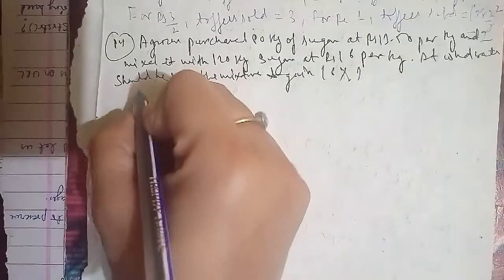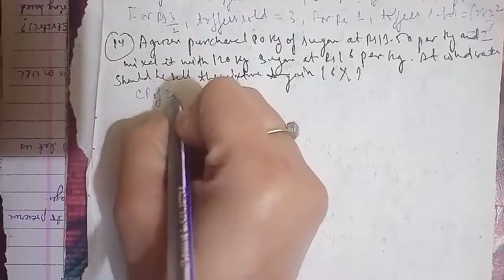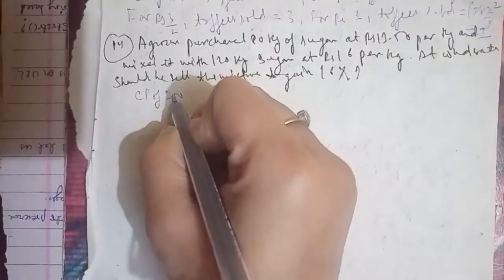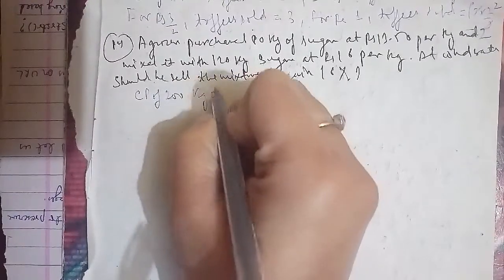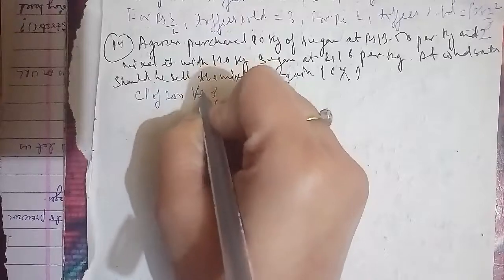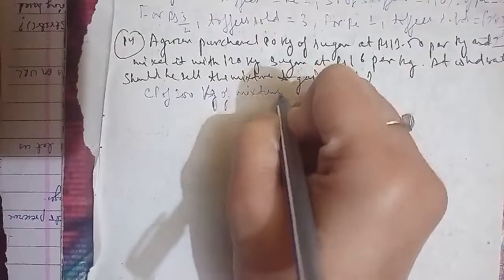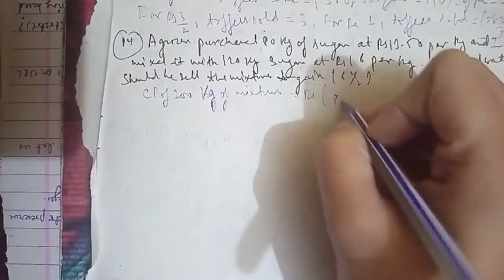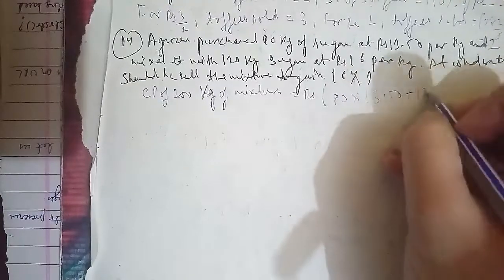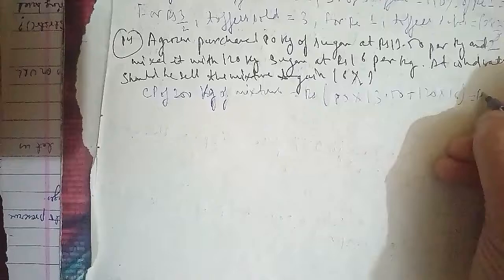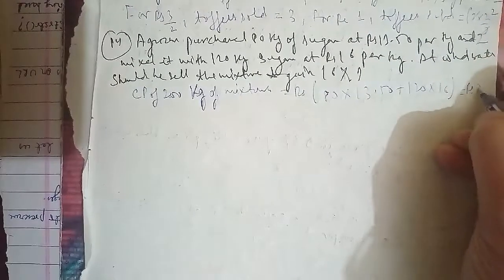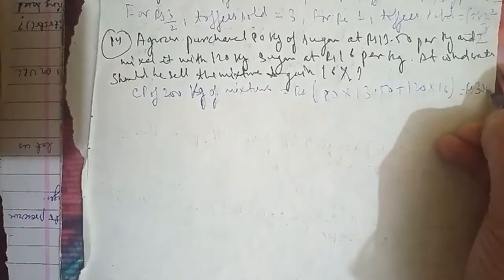CP of 200 kg of mixture equals rupees 80 into 13.50 plus 120 into 16, which equals rupees 3000.